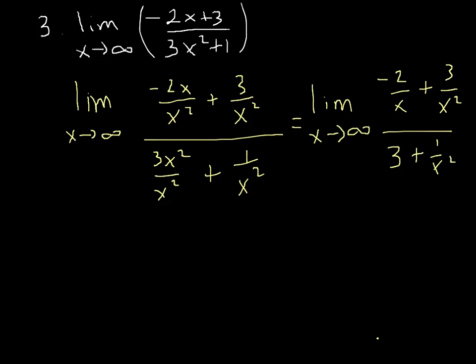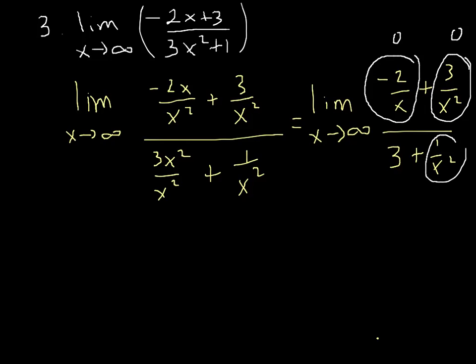So now if we think about some of the properties that we had for these limits, where we had 1 over x to the r power, the limit of -2 over x, as x keeps getting bigger and bigger and bigger, is still going to 0. Same thing here. As x is getting larger and larger without bound, that's going to 0. Same thing here. That's going to 0.